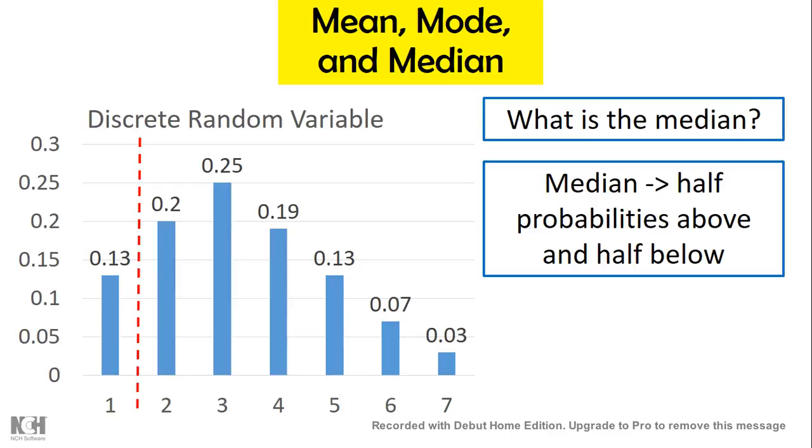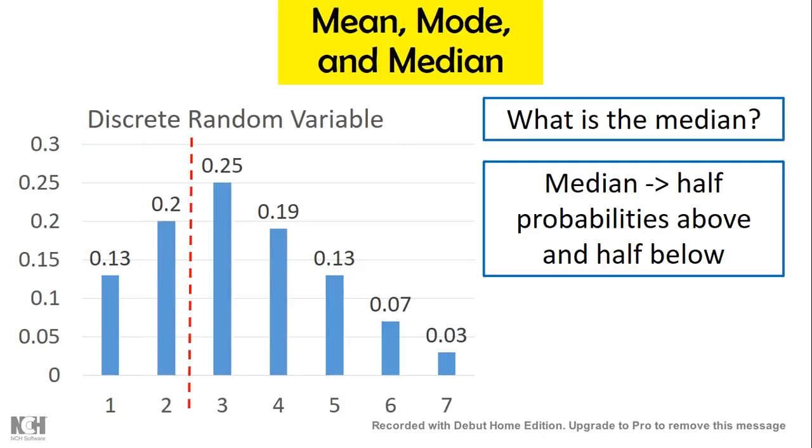Now, does that look right? Well, on the left we have 0.13, and on the right we have 0.87 if we add all those probabilities up. Obviously I didn't do that, I just knew that they have to add up to 1, and on this side I had 0.13, so obviously the other side has to be 0.87. You could check, make sure that this question actually works, but that's not the answer, is it?